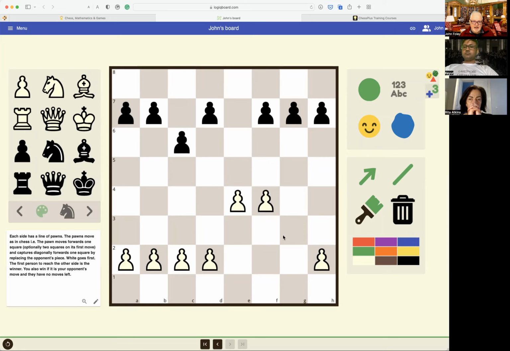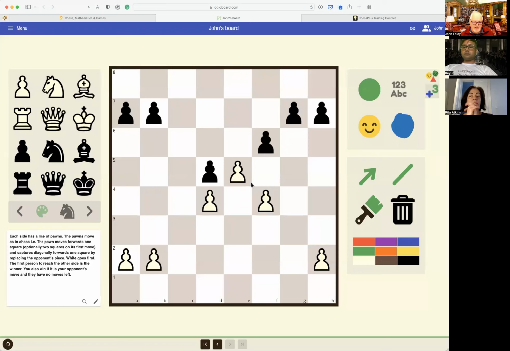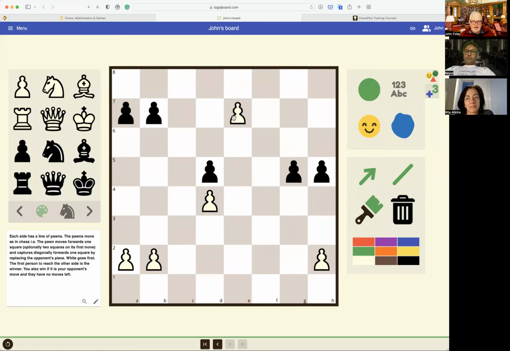You capture as in chess. I'm going to play, let's say, a losing move here. There we go. And now I'm going to push through here. And I think white is going to win because black won't be able to stop it. There we go. And white wins. So that's an example of a chess mini game.